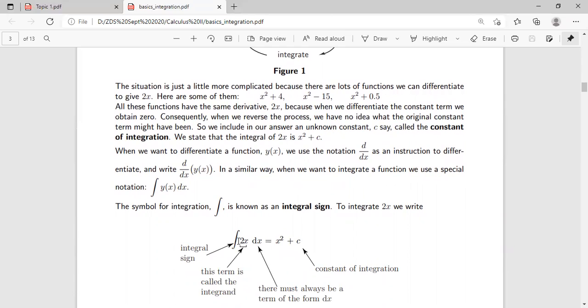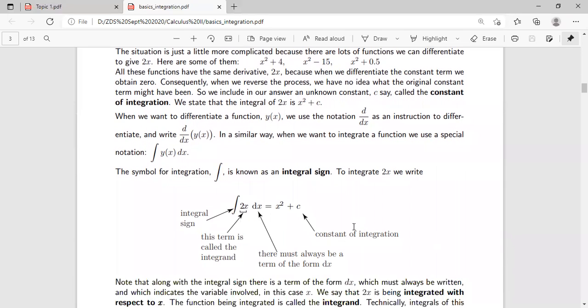For example, if we want to integrate 2x, this is how it will be represented. This is the integral sign, 2x is the term, and we call it the integrand. Then dx is always put there to show that we are integrating with respect to x. And then we have the constant of integration that we are going to add there.